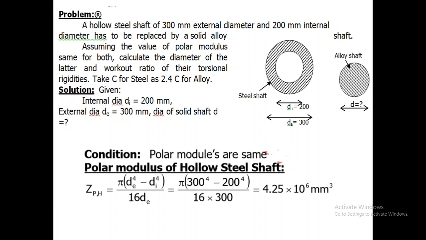So here one more problem is there, where the polar modulus is the same for both. The polar modulus is nothing but J, the polar moment of inertia, divided by the radius of the shaft. So it is J by R. J by R is taken as the polar modulus, or Z in case of the shafts here.